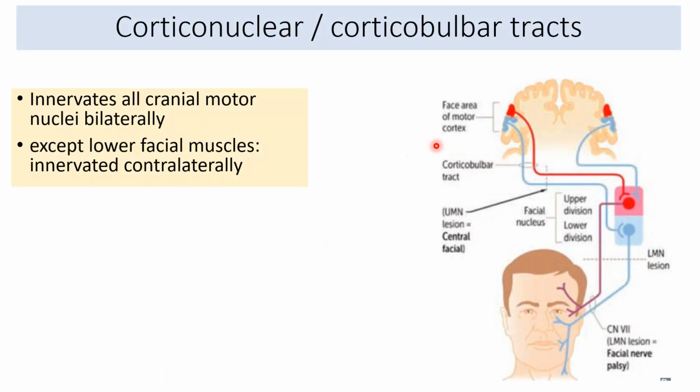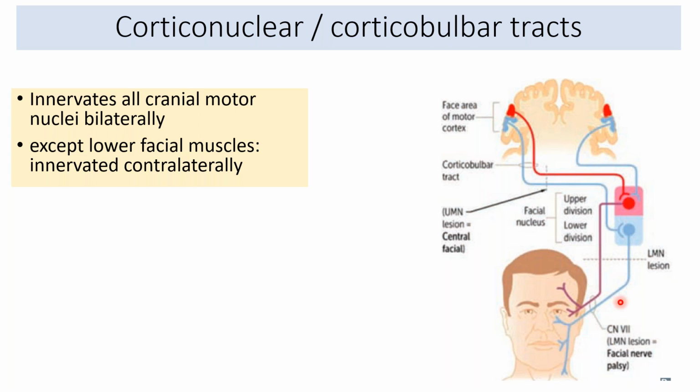If we see this diagrammatic representation, you can see that the corticonuclear tract is going to innervate all the cranial motor nuclei bilaterally. In the upper part of the face, there is bilateral representation, except the lower part of the face, which is innervated only from the contralateral side.